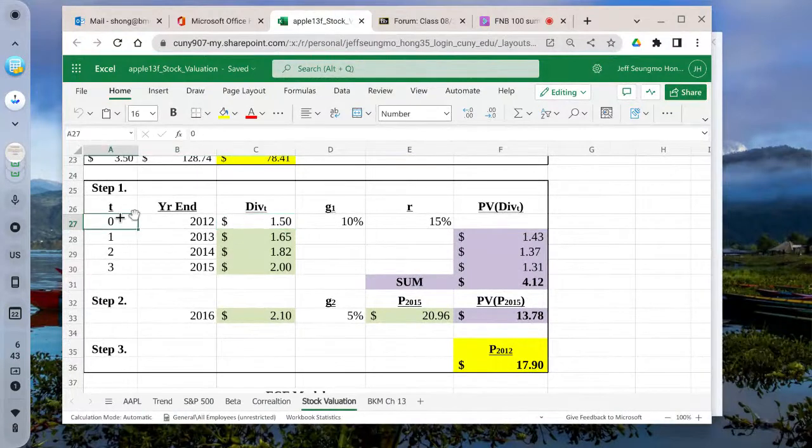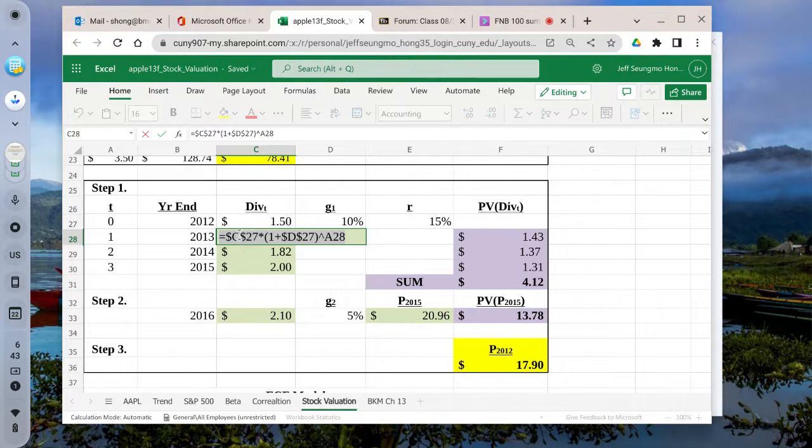First, time zero at the end of 2012, dividend was $1.50, and then for the next 3 years, it's going to grow at 10%. So all you need to do is take the principal times 1 plus the growth rate, raised to the years digit, which is 1.